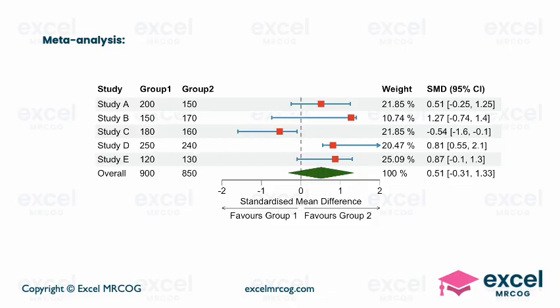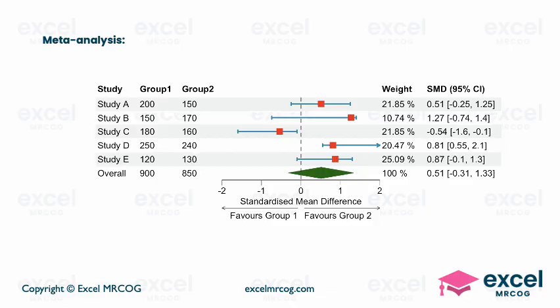So looking at studies A, B, C, D and E, each comparing group 1 and group 2, each study is shown graphically on the plot by a square and a horizontal line as we saw before. But we do see that study C is entirely to the left of the line of no difference, whereas study D is entirely to the right side of it.